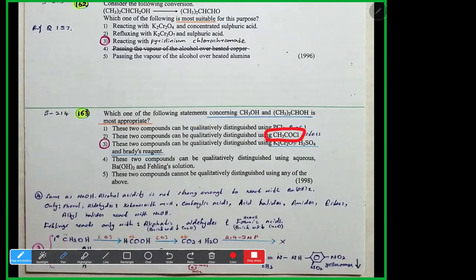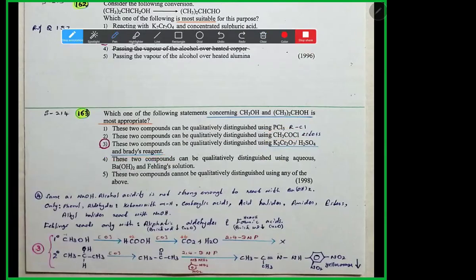They are making 2 different esters with these 2 acid halides, but we know this pleasant smell is there, but we cannot distinguish between this CH3 and this group with esters. This one is possible with Brady's, oxidizing. CH3OH to formic acid, but this one to ketone.